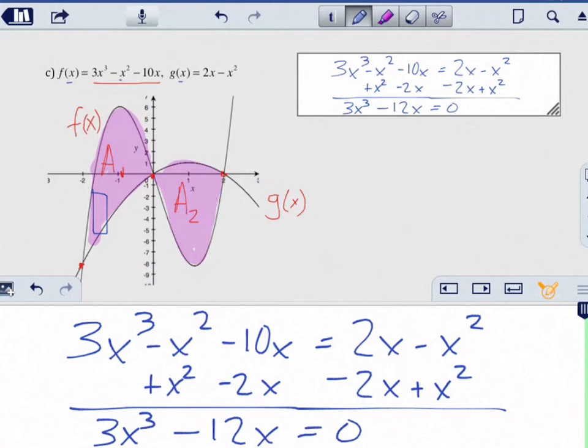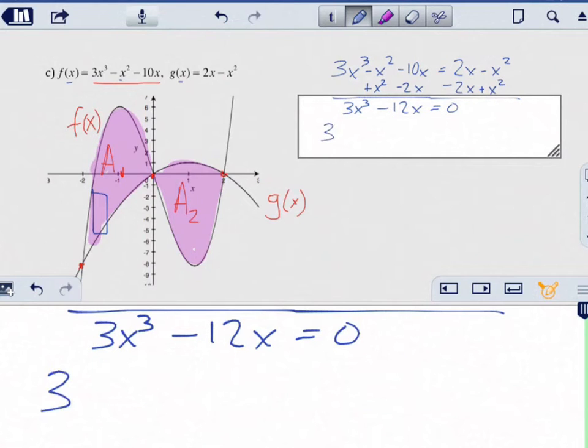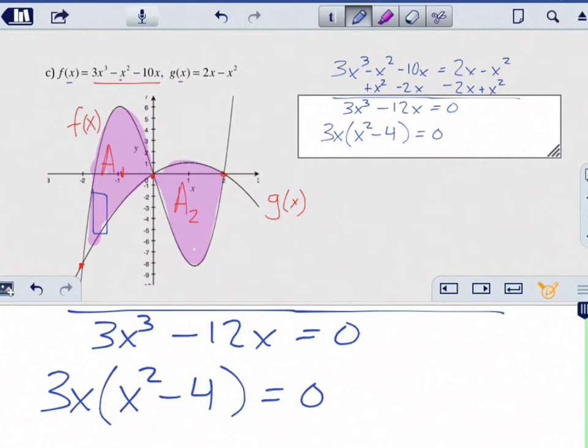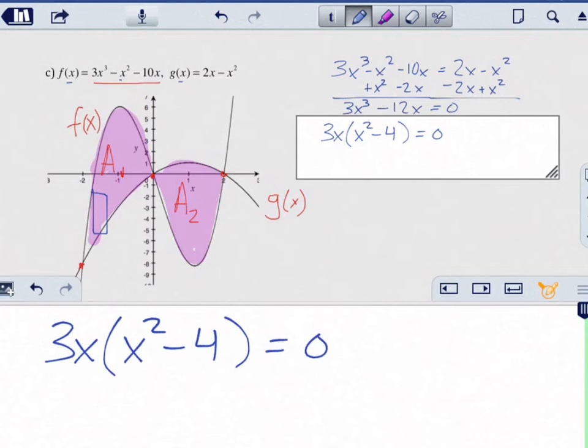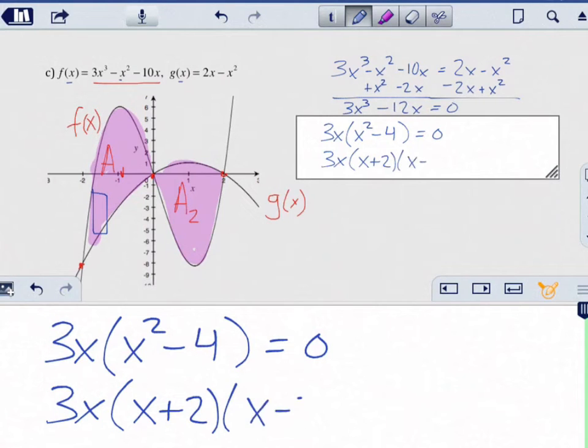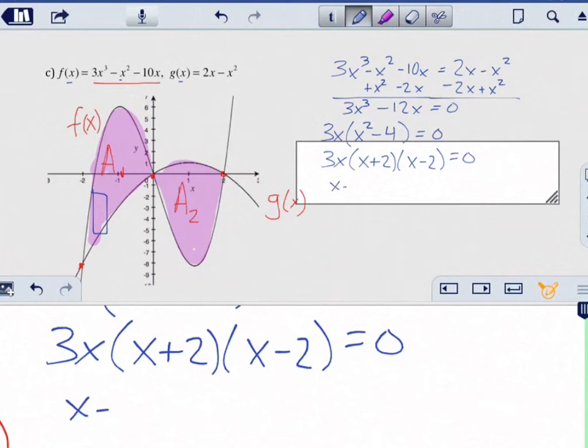Now we can take out our greatest common factor of 3x, and we're left with x squared minus 4, which is a difference of squares. So this is 3x times x plus 2 times x minus 2, and that equals 0, leaving us with the 3 solutions, x equals 0, negative 2, and 2.